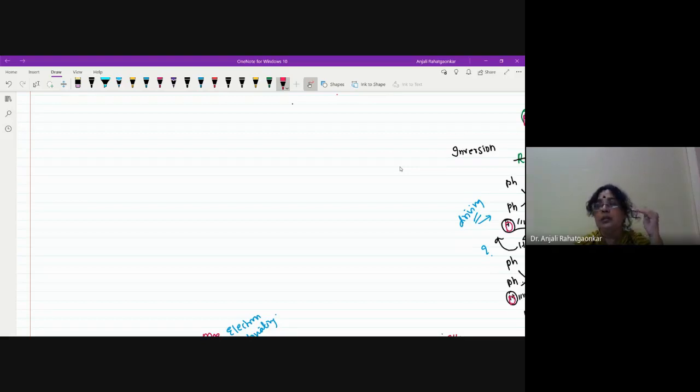And the third point, the most important point over here, is the energy of the carbonyl containing compound and the energy of the alkenes in a triplet state, of course. The energy of the carbonyl containing compound in a triplet state should be less than the energy of the triplet state of the alkenes, because if it has a higher energy, then it will easily transfer its energy to the alkenes, and the free radical in alkene will be generated.